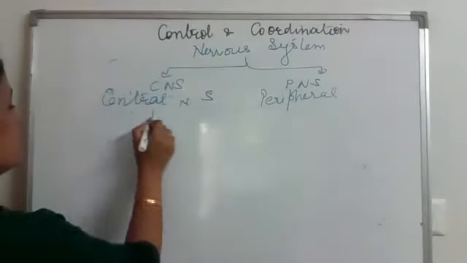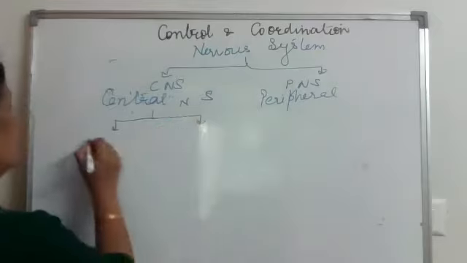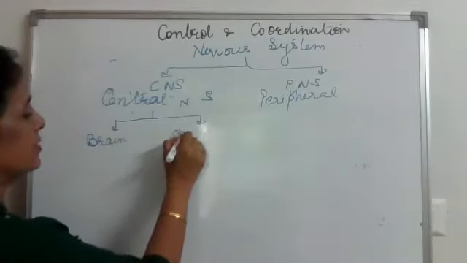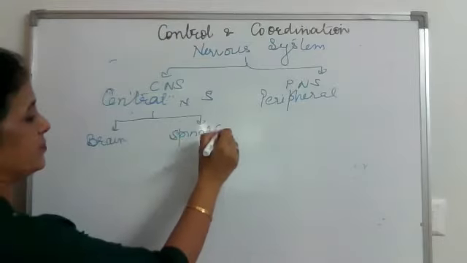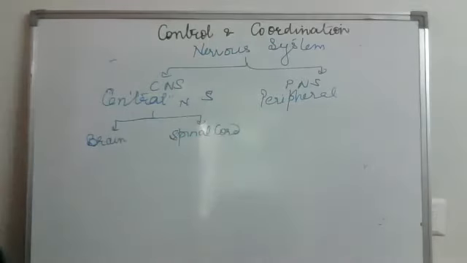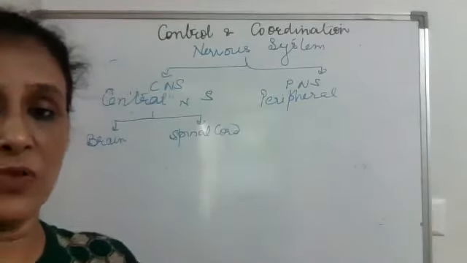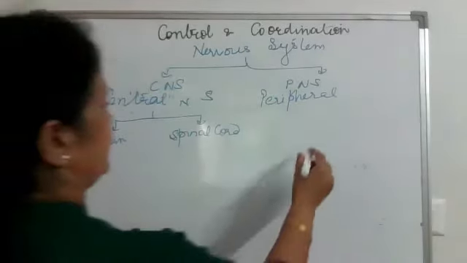This central nervous system further includes two different organs, the brain and the spinal cord. And the peripheral nervous system is made up of all nerves.